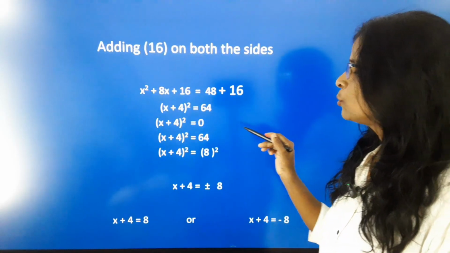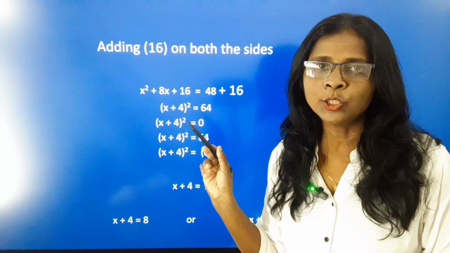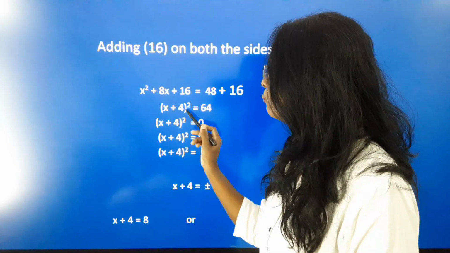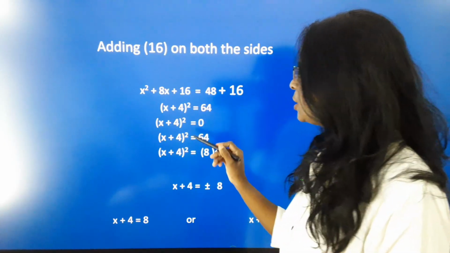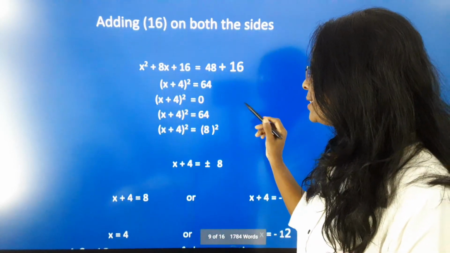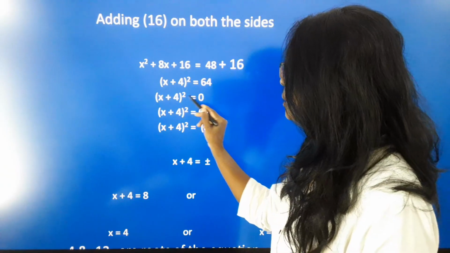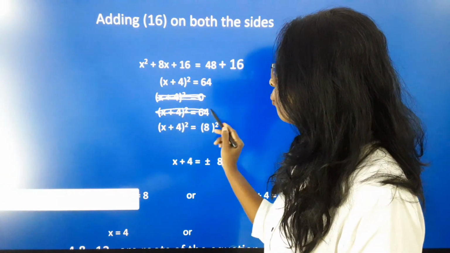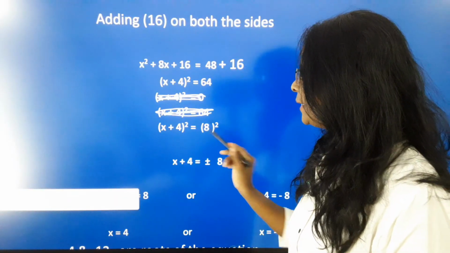Now here, students, see the left hand side: this is the expansion of the formula (x plus 4) whole bracket square. And here the 64 is the square of 8, so we write here 8.